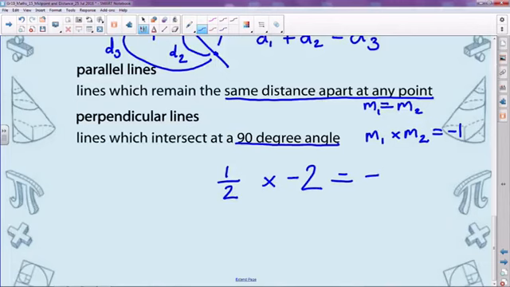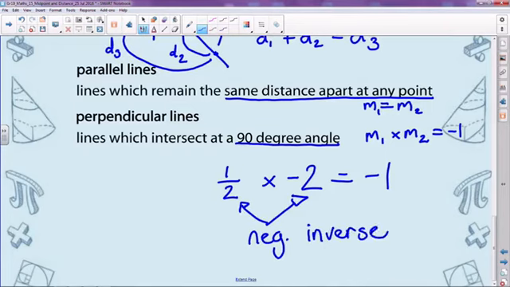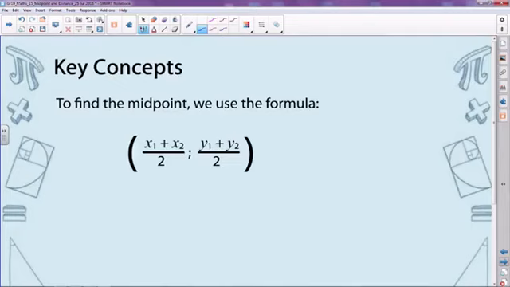Because a half times -2 gives us -1. Those two numbers are the negative inverse of each other, negative inverse. So when you want to look clever later today, you just tell people that you know what the negative inverse of a half is. Okay, but we're going to move on to the key concepts for midpoint.